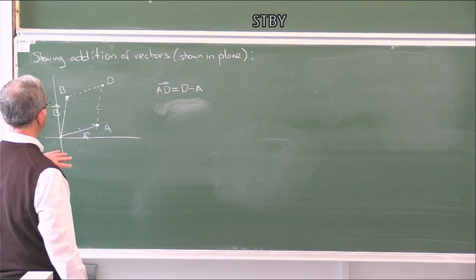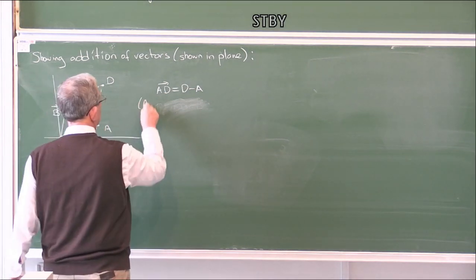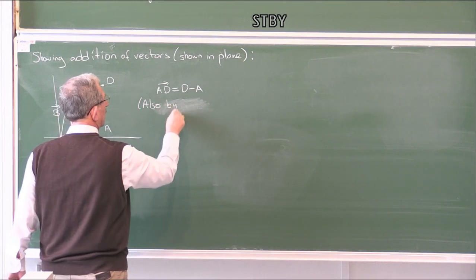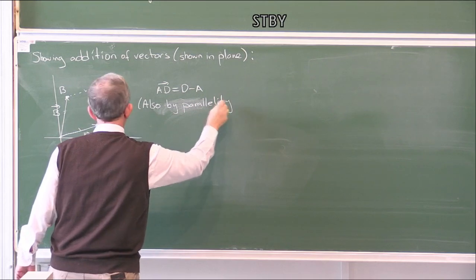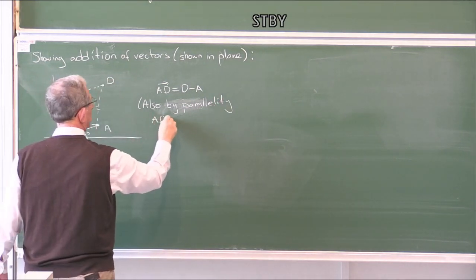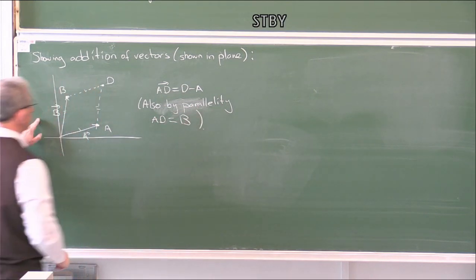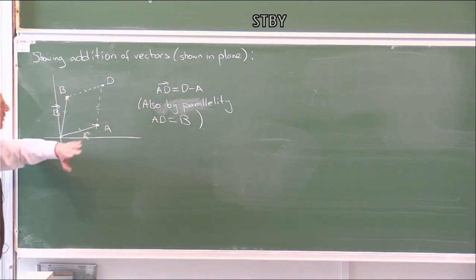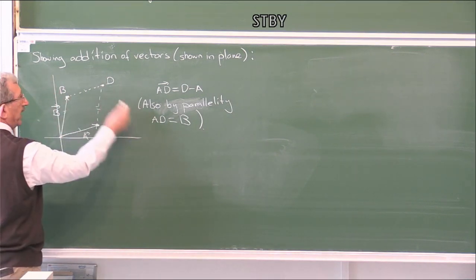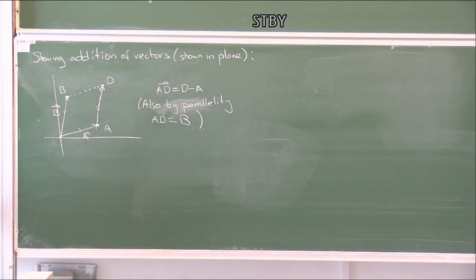So also by parallelity, AD is the same as B. We said that we will identify them. They are parallel, and AD has the same direction as B and the same length, so we identify them.